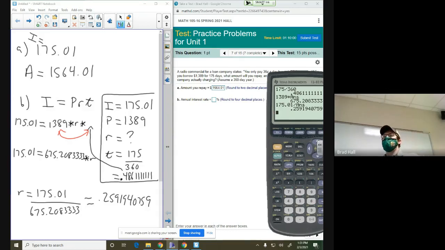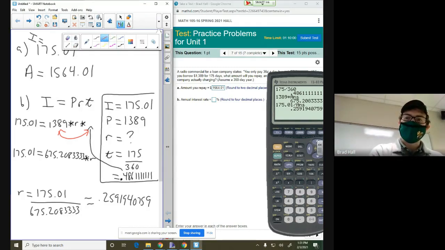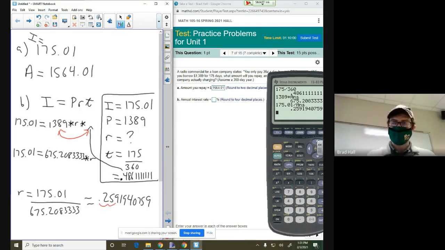And so they want us to round to 4 decimal places, but this is the rate, which means the number we're seeing right now is the decimal form. We want to see the percent form. So we have to move the decimal place over twice to the right to determine this.